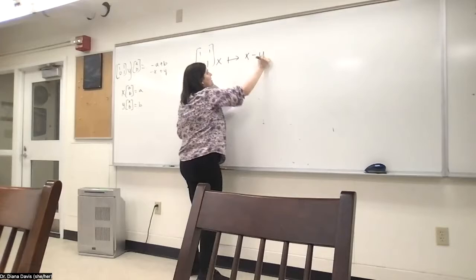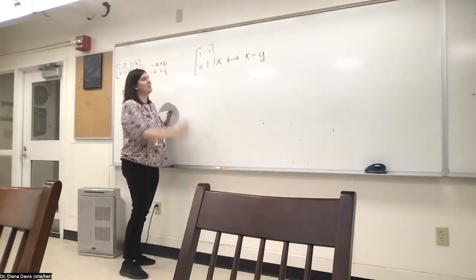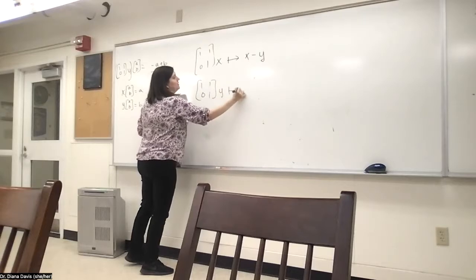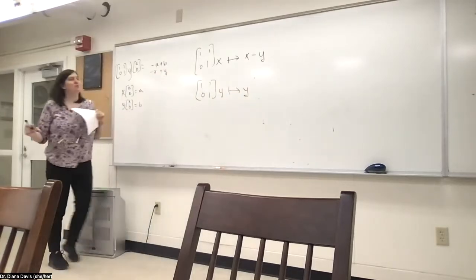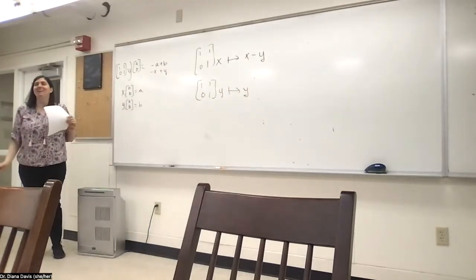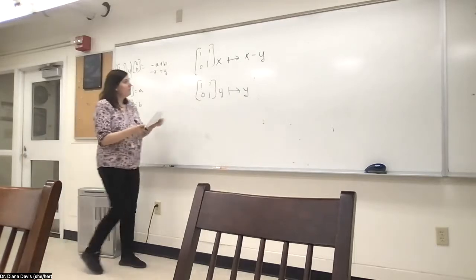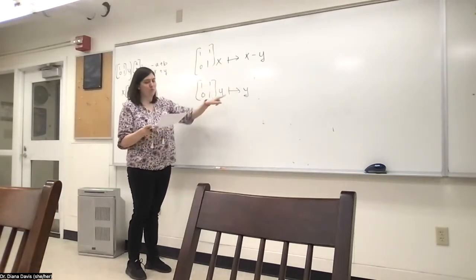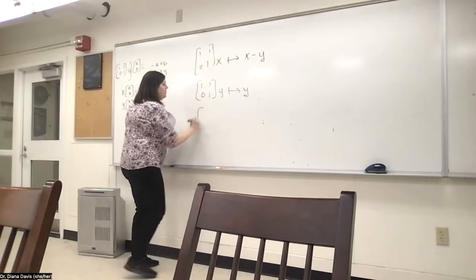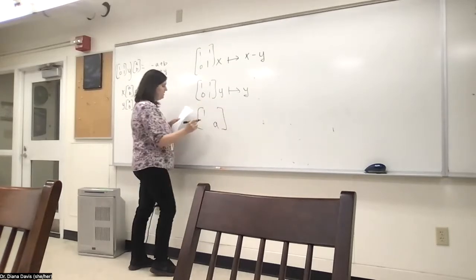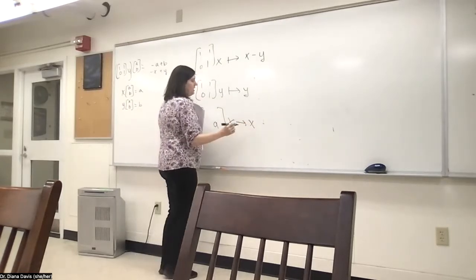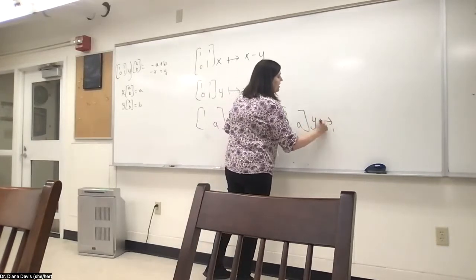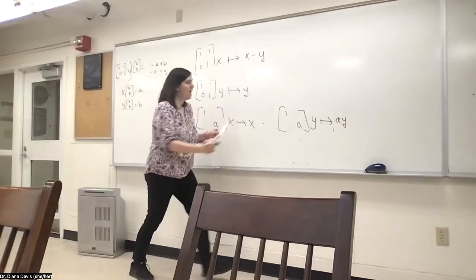Let's pretend that we're in this world. You can just rename it, and there is a renaming that gives us this. That was apparently the naming I used in my paper. So this matrix is going to take x to x minus y, and it's going to take y to y. And then the matrix 1a is going to take x to x, and y to a inverse y.